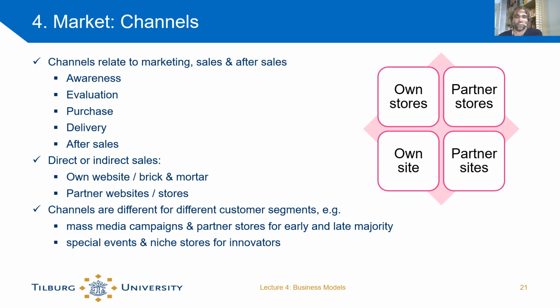For example, a clothing brand, take Nike. Nike sells its clothes in its own dedicated stores, but Nike is also available in a lot of different partner stores. And also the distinction between online and offline. Do you have your own stores and do you also sell online? And if you sell online, do you sell from your own site or do you use partner sites? For example, do you sell through bol.com or amazon.com?